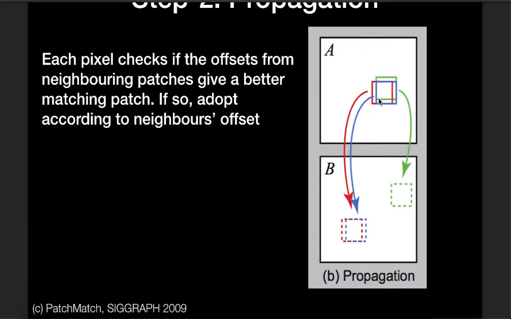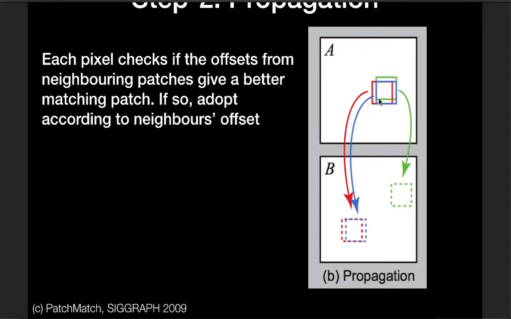Now you go to this pixel and define what is called a neighborhood, which is the patch. So this is my patch, right? Let's say these are zeros for now. Then you calculate the distance between this patch and the patch where it is mapped to.